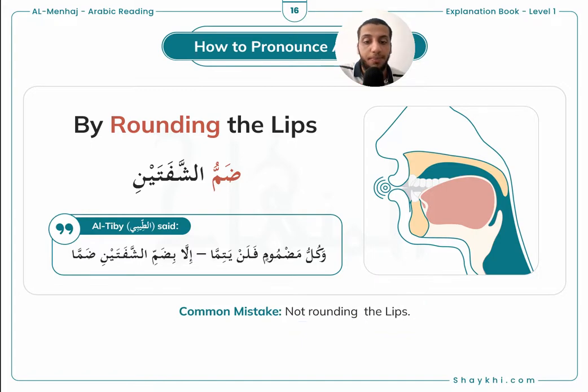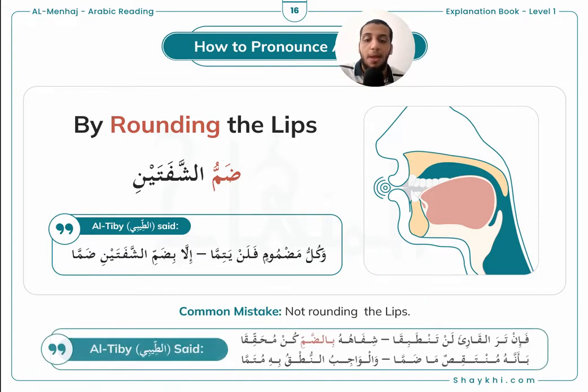So take care. Again, Al-Imam al-Tibi says, فإن ترى القارئ لن تنطبقا شفاهه بالضم كن محققا بأنه منتقص ما ضم والواجب النطق به متم.